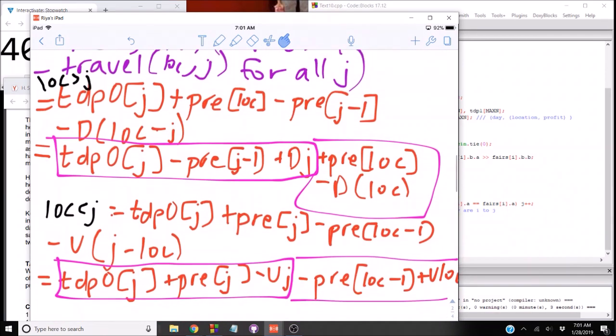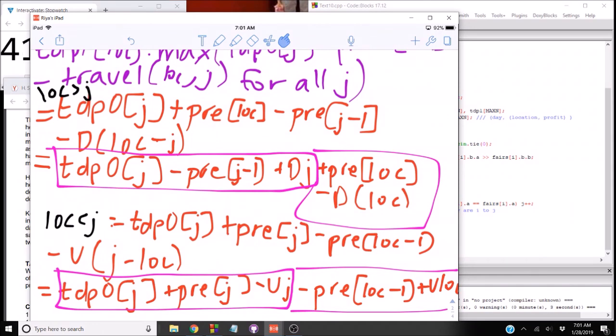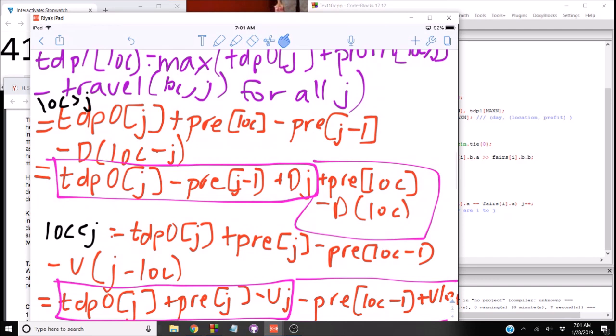And so can plus pre-j. Actually, pre-j can't even be. Both of these two pre-values cannot be placed in a tree because prefix changes based on the day.